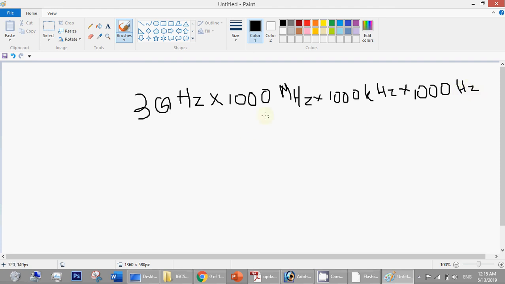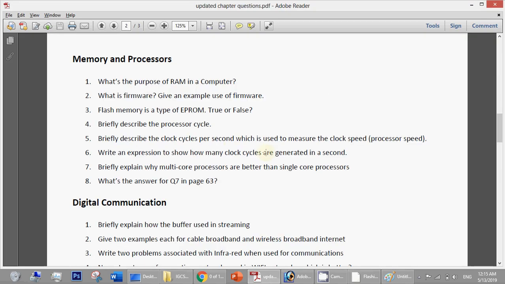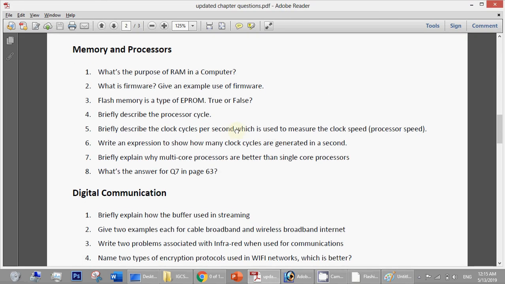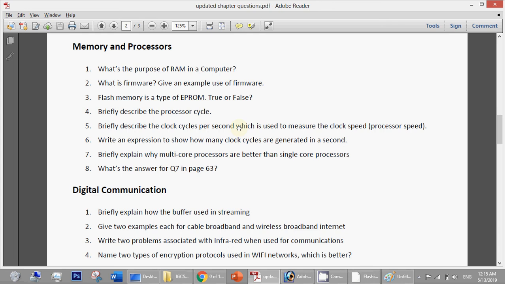Okay, so you can see 3 into 10 to the power 9, that's a billion. So you can see it's 3 billion cycles per second. So simply convert that gigahertz into hertz. So just the expression is fine.